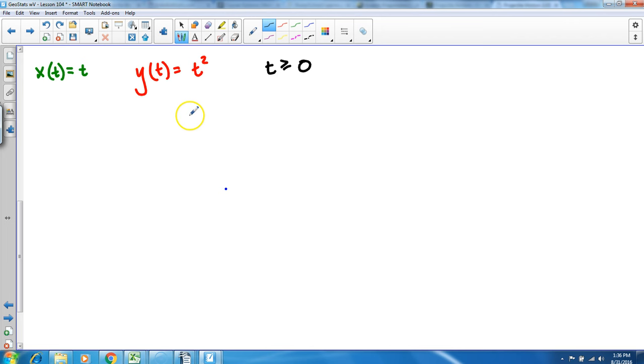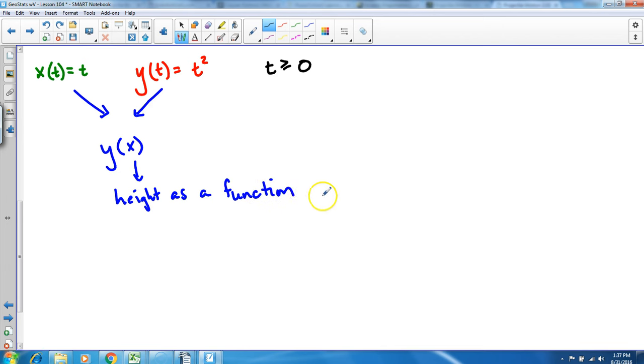So just to give you some closure on this whole idea. Basically, using our example, I want to eliminate this parameter t. I want to get rid of it. In order to get rid of it, I want to write a function of height as determined by the distance traveled horizontally. All right, so this function y of x would be my height as a function of horizontal distance.